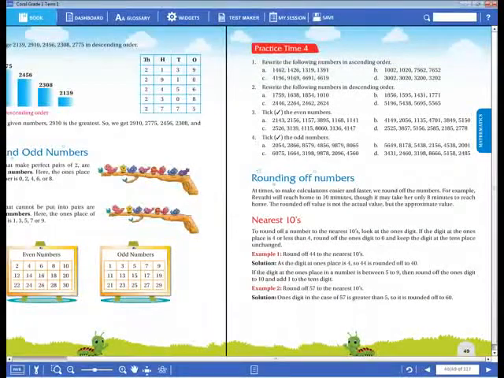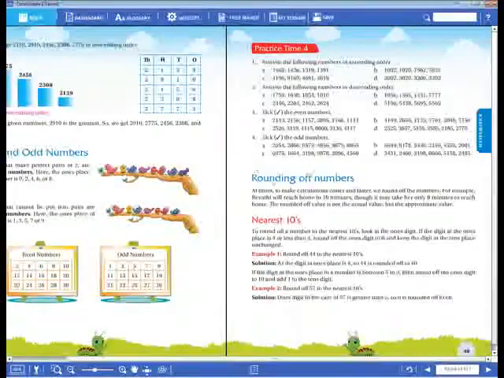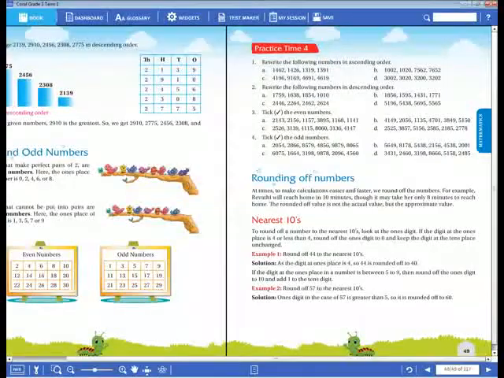So, how do you have to identify rounding of numbers? For example, they will give you a 2-digit number. Can anyone tell me a 2-digit number? 34.